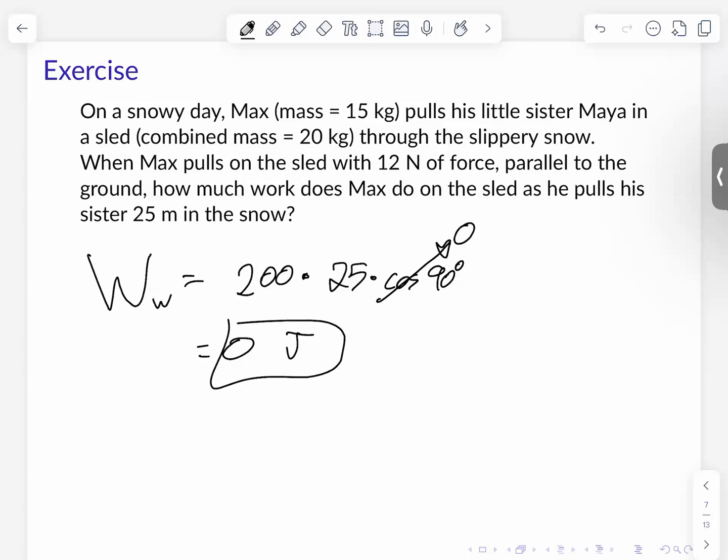Which direction is the force? Cosine of 180 is -1. What's the sign of my work? Negative. Force downward, displacement upward, work is negative.